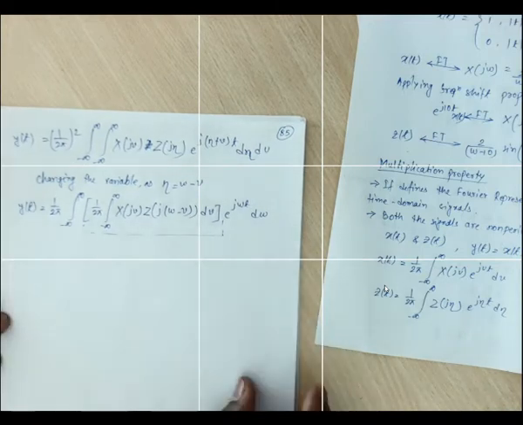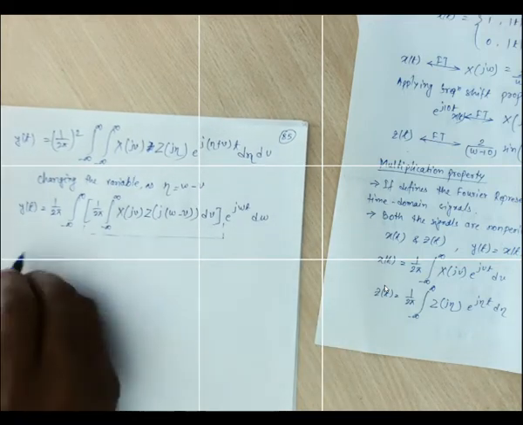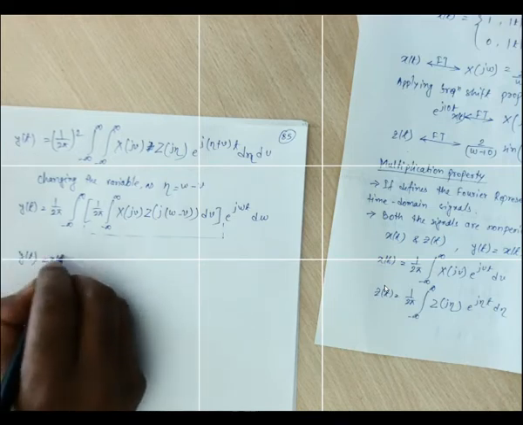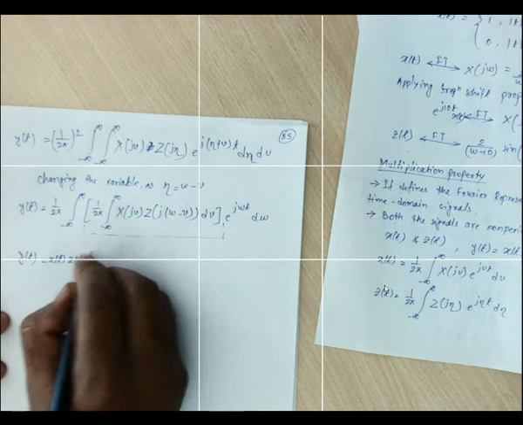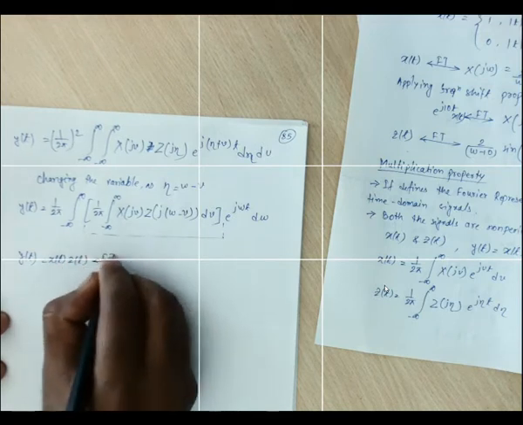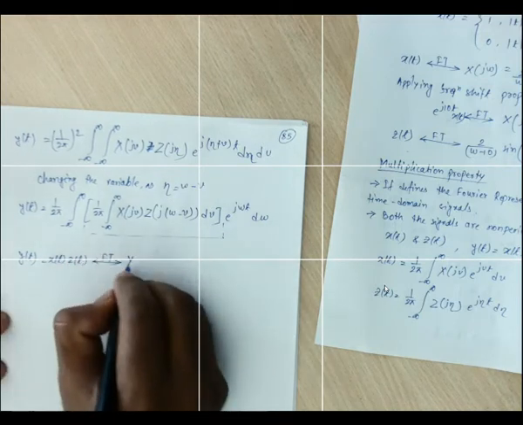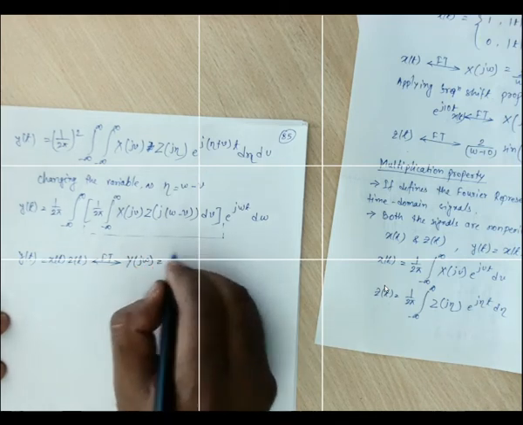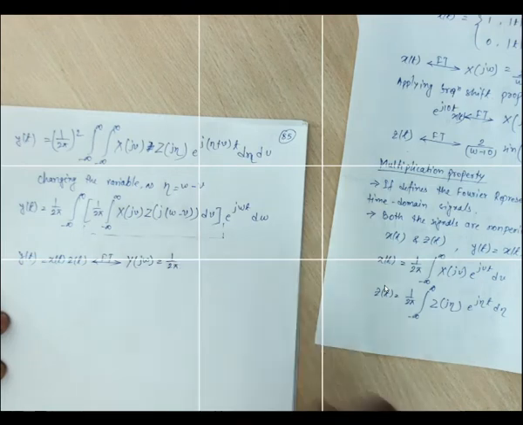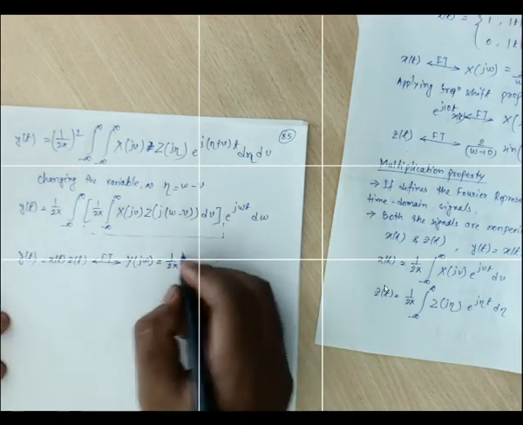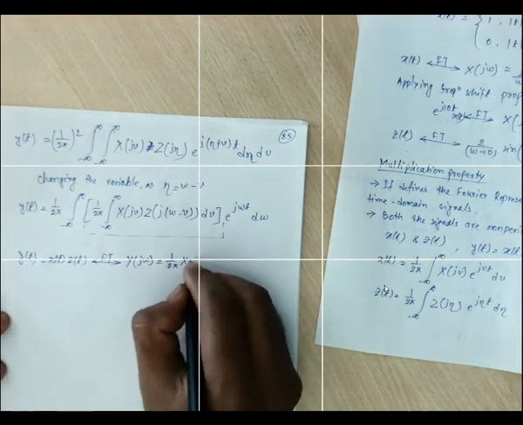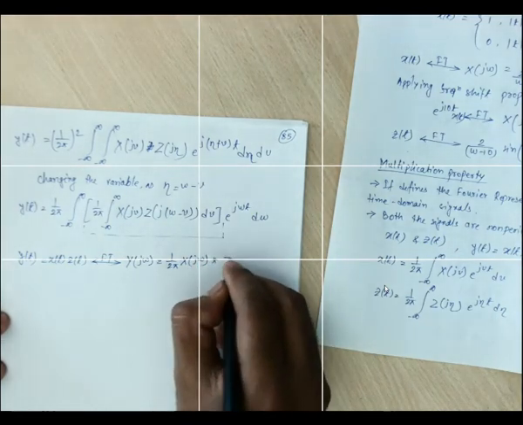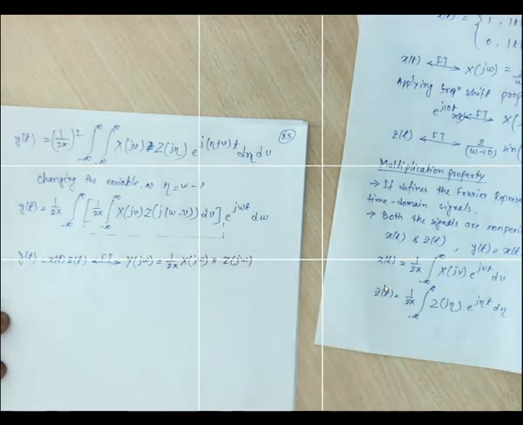So what we can write is that y of t, which has been considered as x of t into z of t, when we take the Fourier transform, results in Y of j omega equal to 1 by 2 pi, X of j omega convolution with Z of j omega.